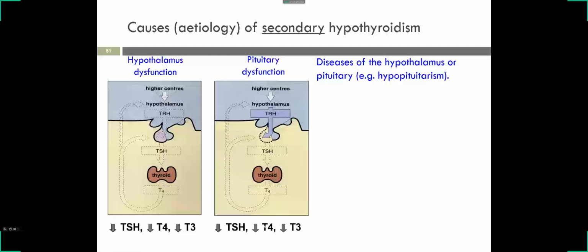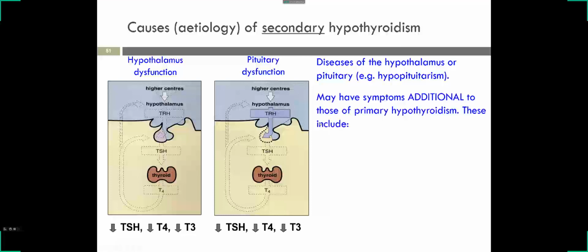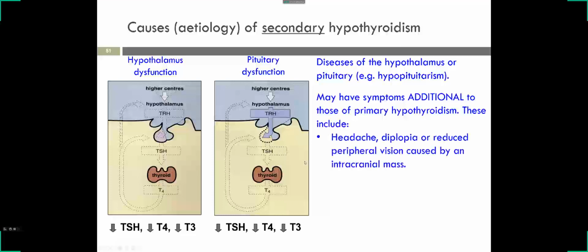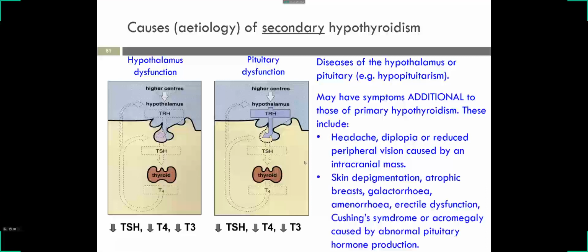In the case where the secondary hypothyroidism is in the hypothalamus or pituitary, you may have symptoms that are additional to those of the primary hypothyroidism, okay? So if your pituitary is not working, you could have headache, diplopia, or reduced peripheral vision caused by an intracranial mass.